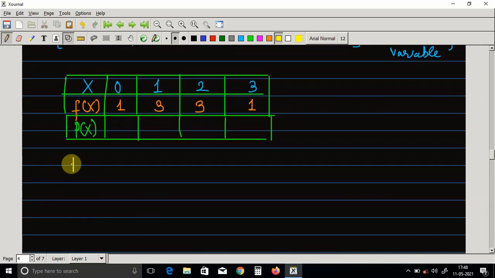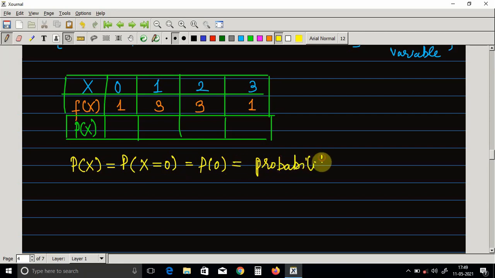Okay, so px, or I'm going to write it like this also, p0. What is p0? This is the probability of getting no heads.